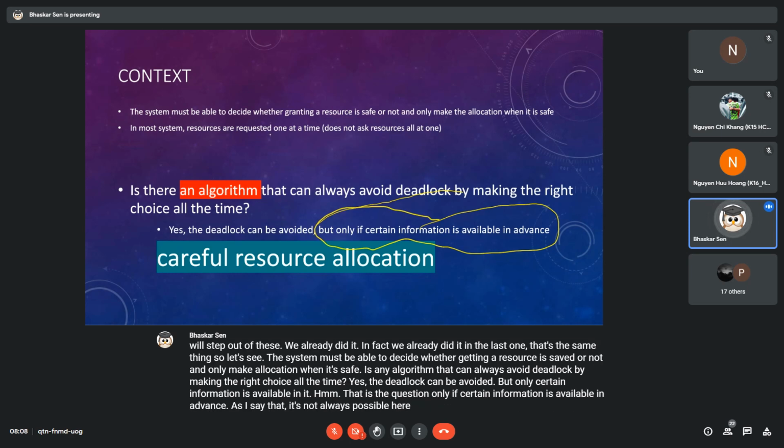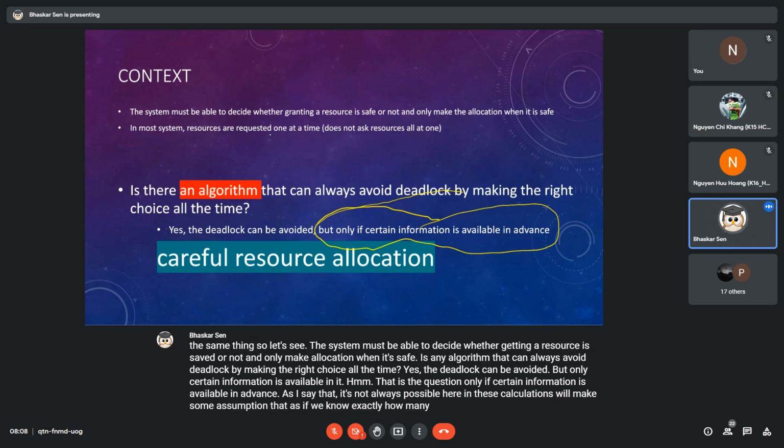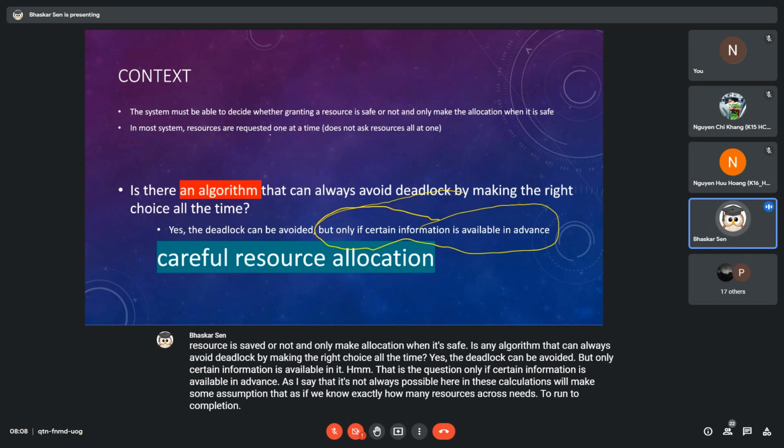Here, in these calculations, we'll make the assumption that we know exactly how many resources a process needs to run to completion. But that is not going to be the case all the time.